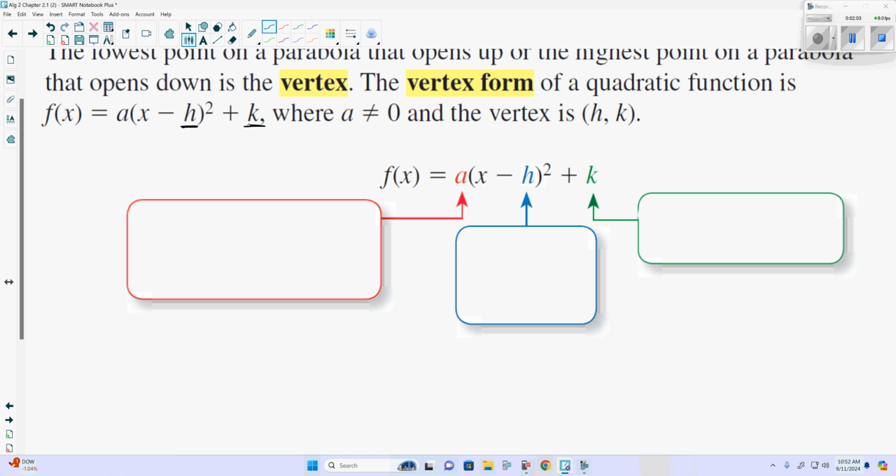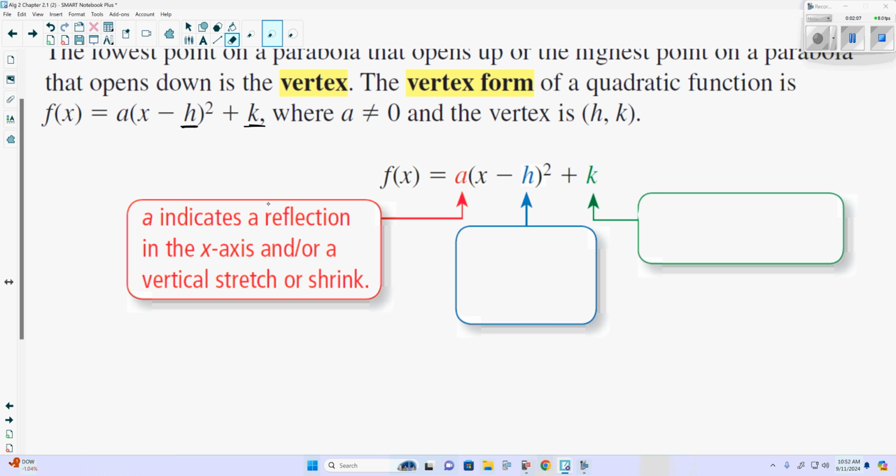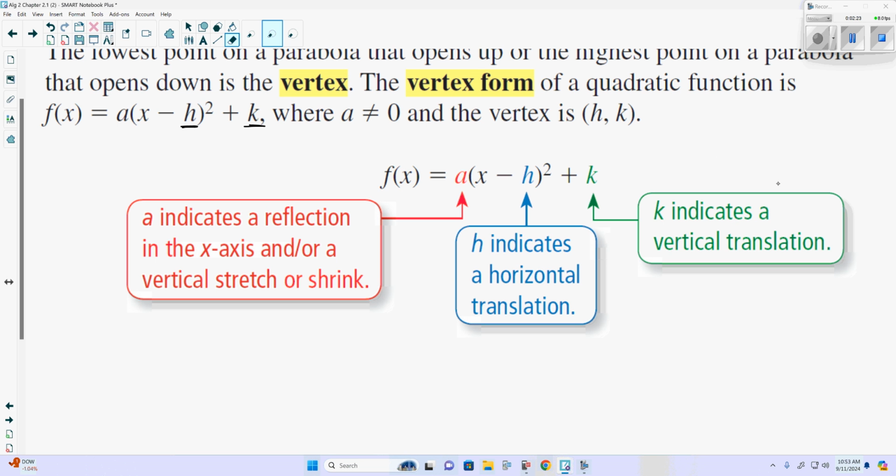Now, there are three main parts, and we've had these before. The a value indicates a reflection in the x-axis if it's negative, and or a vertical stretch or shrink. The h value indicates a horizontal translation, and k indicates a vertical translation. We've talked about these before, and how we apply these transformations.